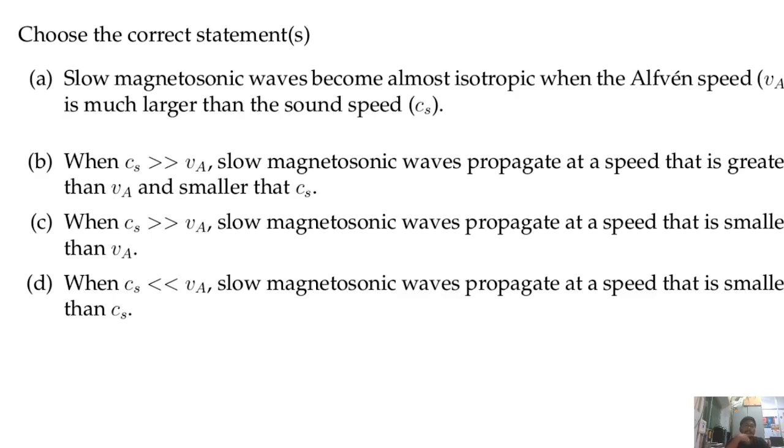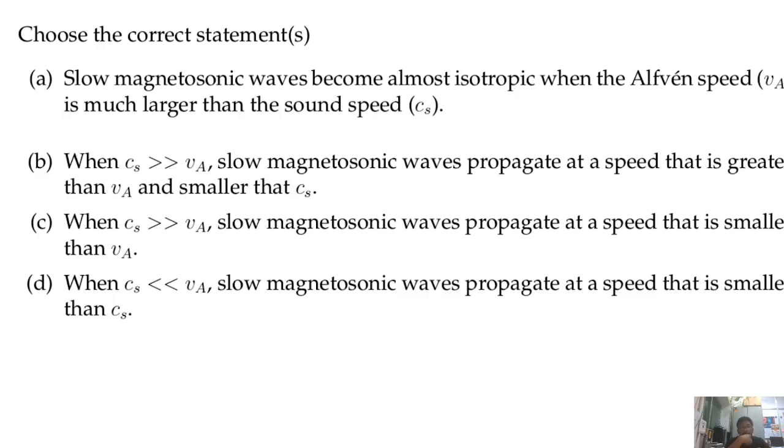Now when Cs is greater than V_A, the slow magnetosonic waves propagate at a speed that is greater than V_A and smaller than Cs. Slow magnetosonic waves can have a speed which is at most Cs. It should not exceed the value of Cs, and it should not be greater than V_A itself. Now, when Cs is greater than V_A, slow magnetosonic waves propagate at a speed that is smaller than V_A.